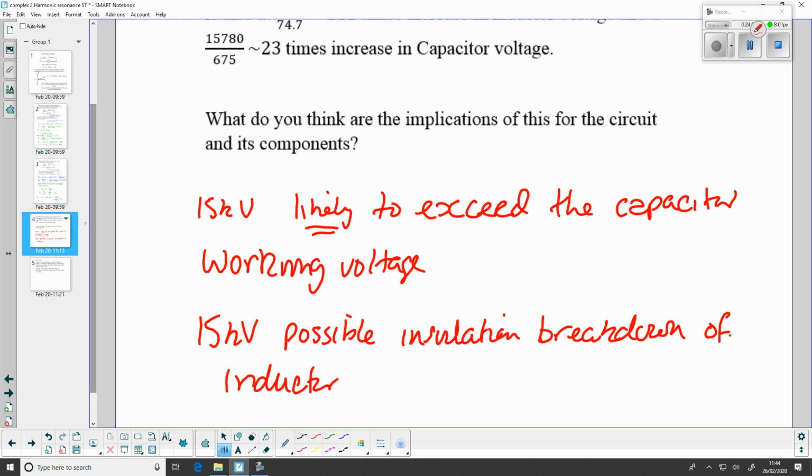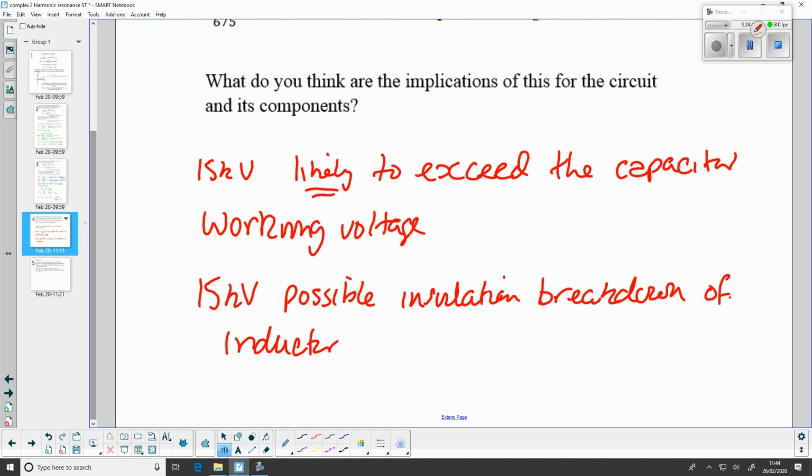It was designed for 600 volts, and you go and apply 15,000. It's a possibility.